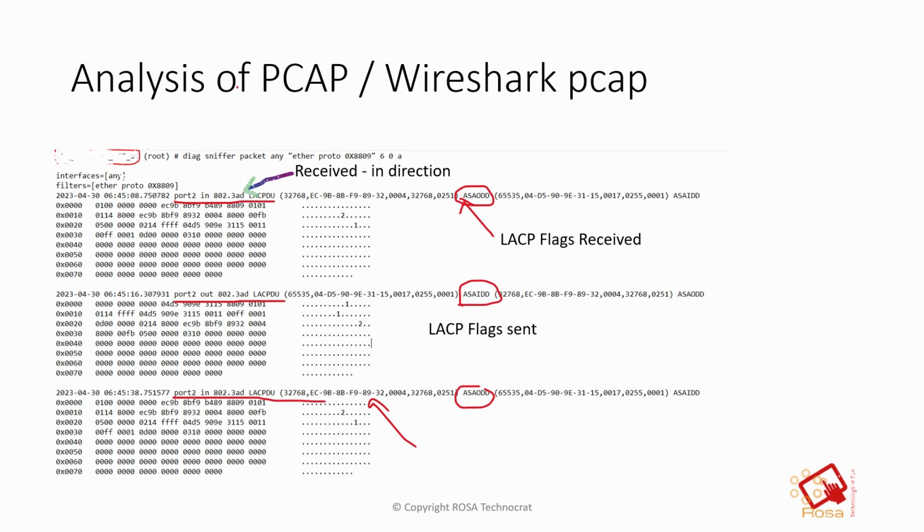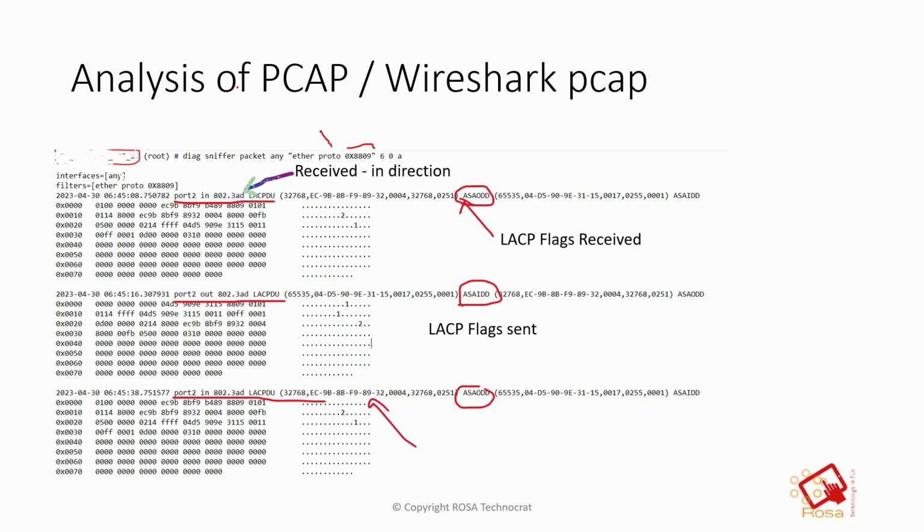On the FortiGate, if you do diag sniffer packet, this is basically a tcpdump kind of thing. Everyone knows, if you are working on FortiGate, you should know diag sniffer. I'm not going to explain it. So diag sniffer packet, and I'm just filtering out the LACP messages here using 8809.